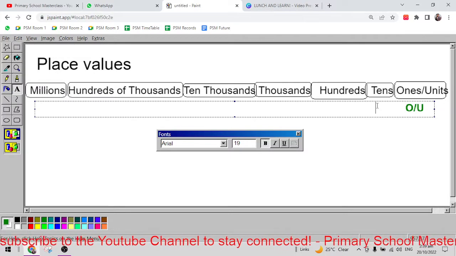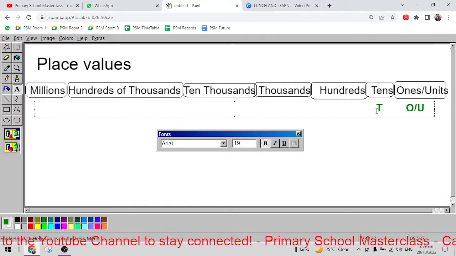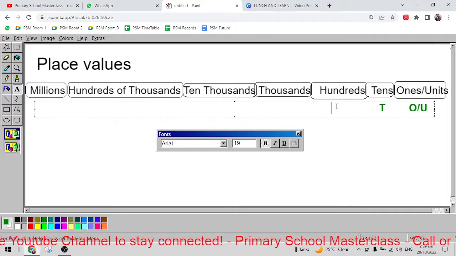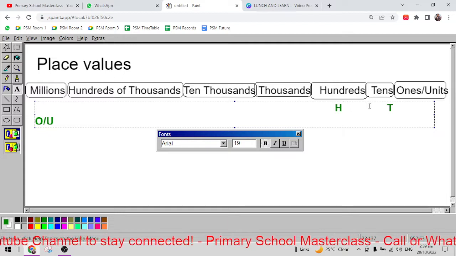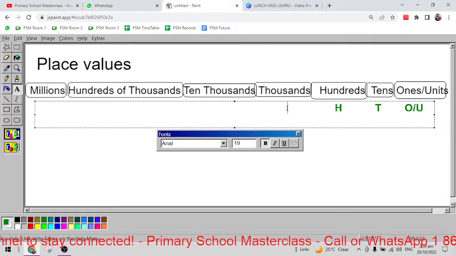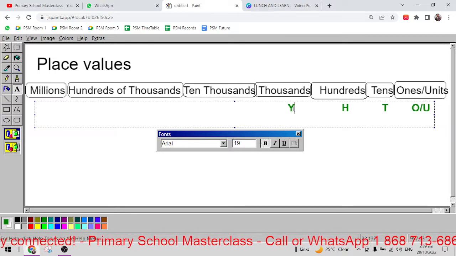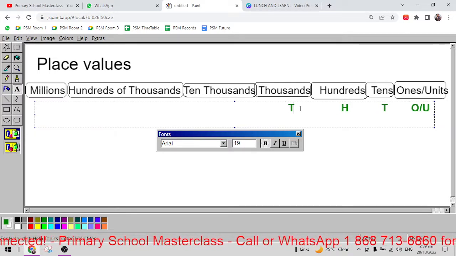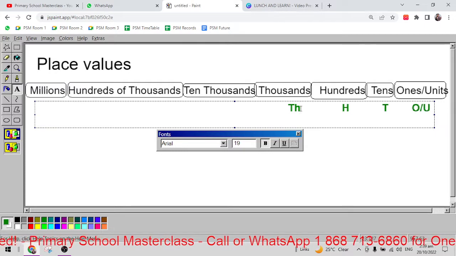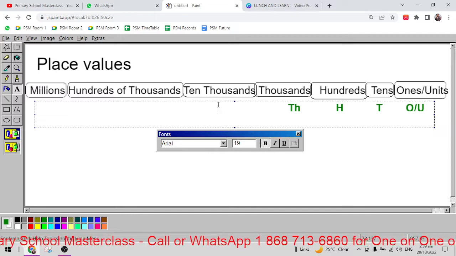Then you could also have the tens column, which is just going to be a capital T. For the hundreds, it's going to be capital H. Thousands is going to be capital TH. Tens of thousands is going to be TTH.